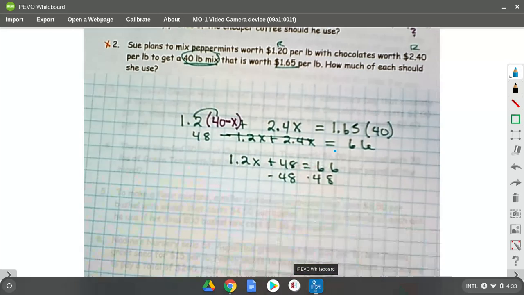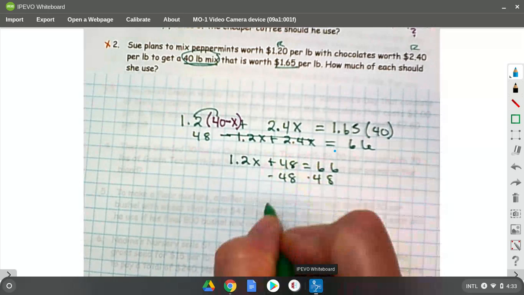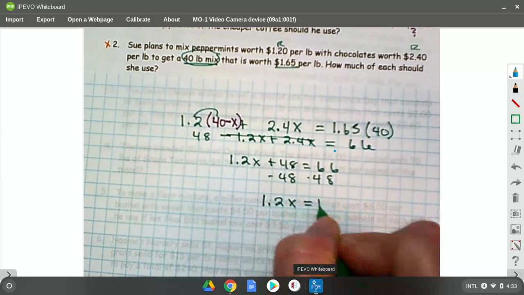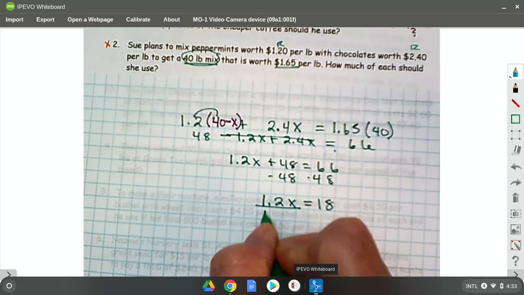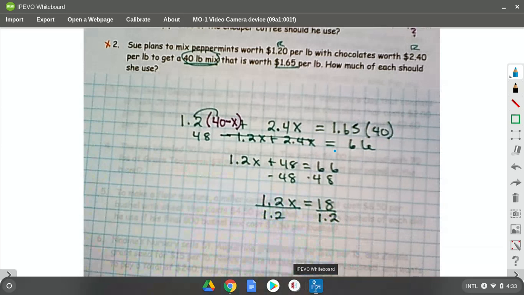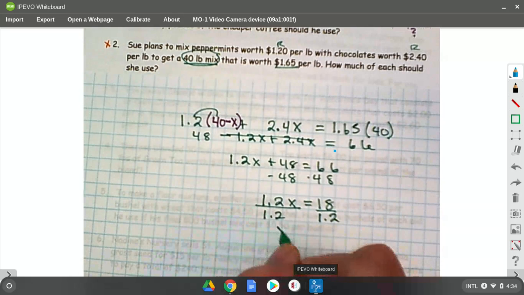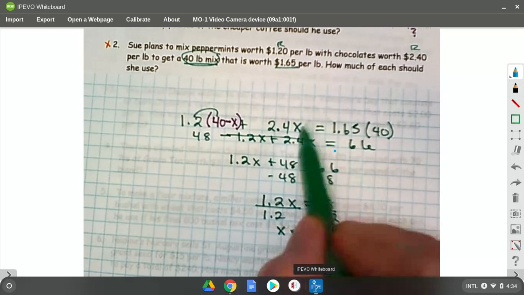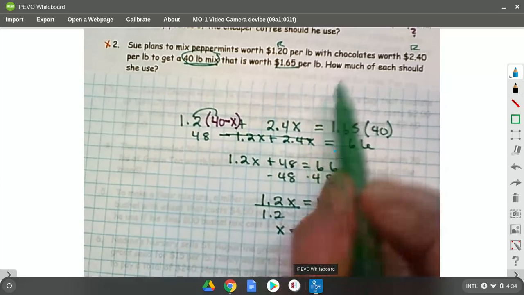Subtracting that 48 from both sides gives me an 18. So I have 1.2 times x equals 18. And I'm going to divide by that 1.2. X equals 15. All right, so my X was on the 2.40.